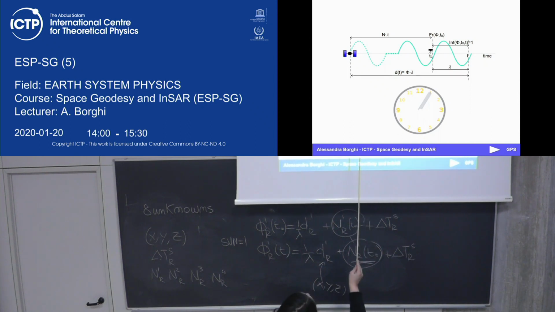No, sorry, the distance in general is given by the total phase multiplied by the wavelength. At the beginning, we don't know how many cycles we had in this period, up to T0. We can start to count the number of cycles after. So this is our unknown, the ambiguity. Okay.